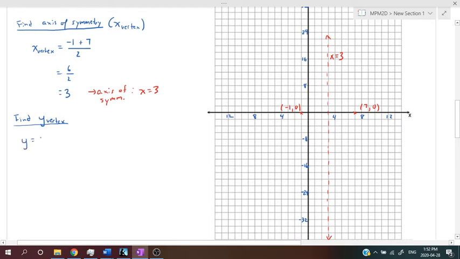So we know that the equation looks like this. Now what have we learned so far? Well, if we're looking for the vertex, the x and the y of the vertex, well, we already know the x of the vertex is 3, so let's just substitute that in for x, and that's going to help us find y.